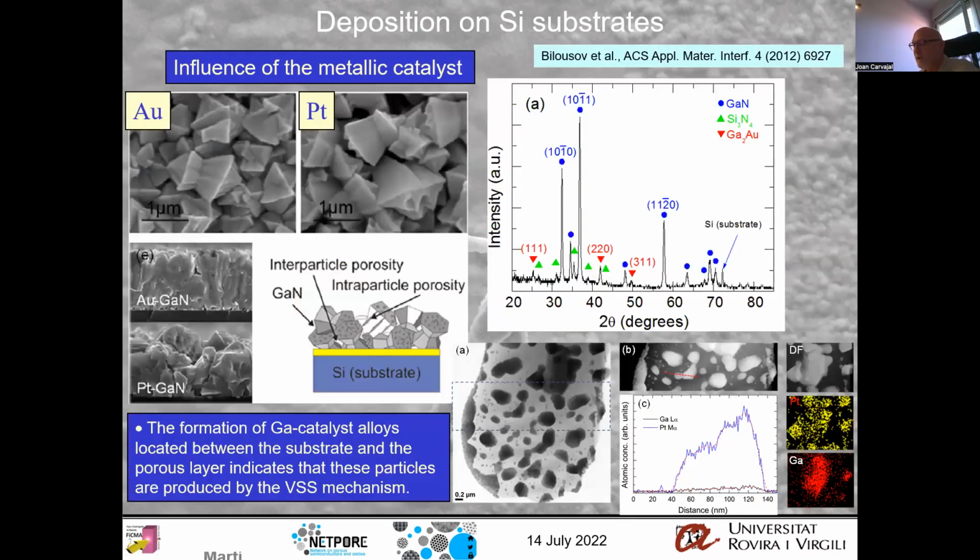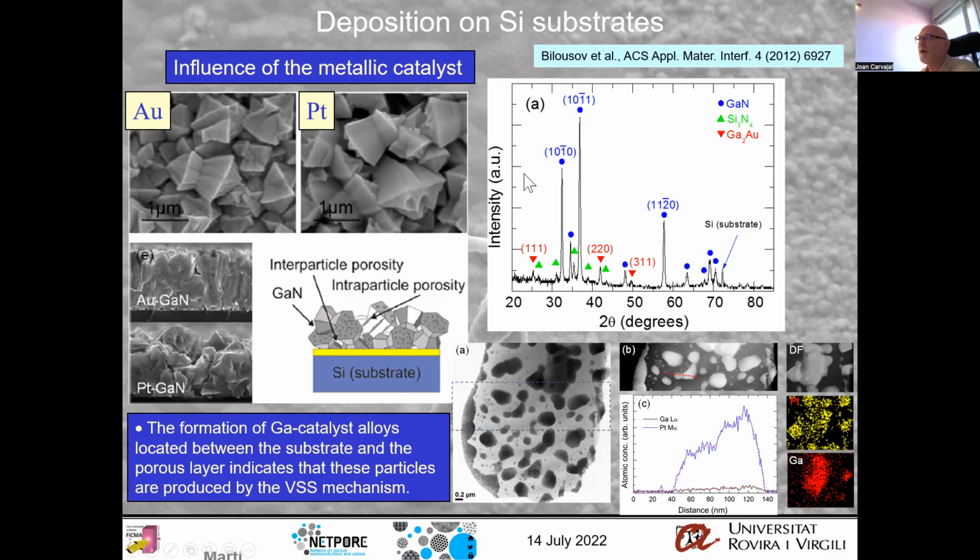In that case, we needed to introduce a metallic catalyst in the system to favor the nucleation of the gallium nitride particles. We investigated gold and platinum, and we observed different interesting things. On one side, we are generating layers, polycrystalline layers, obviously, in which we have intraparticle porosity and interparticle porosity that can be useful for different aspects.